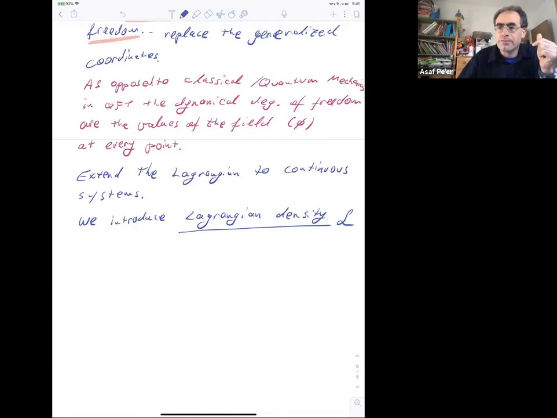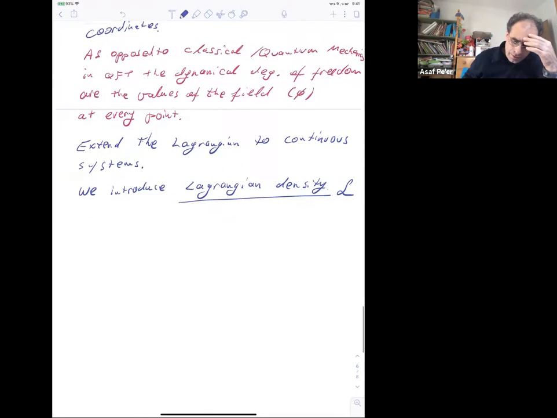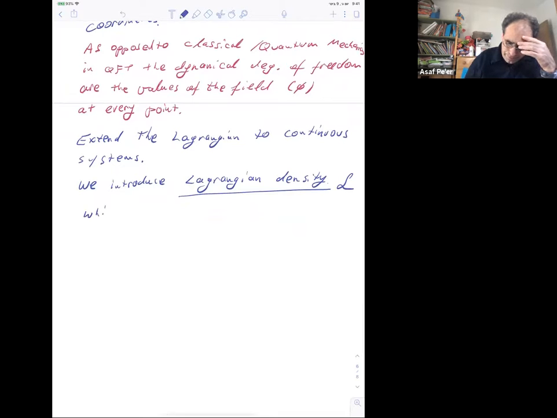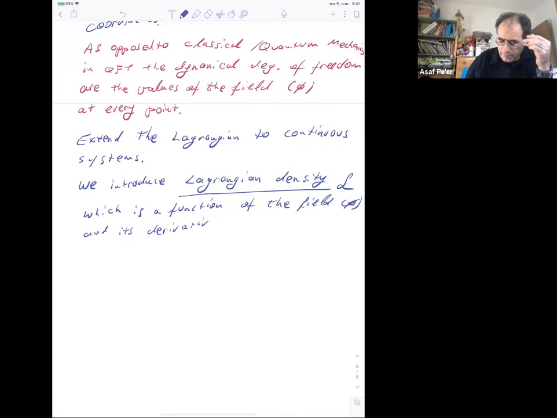And of course, another change is that now we're looking not only at the time derivative of the field, but also at the spatial derivative of the field. So it is a function of the field, let's call it phi, and its derivatives, time and space.